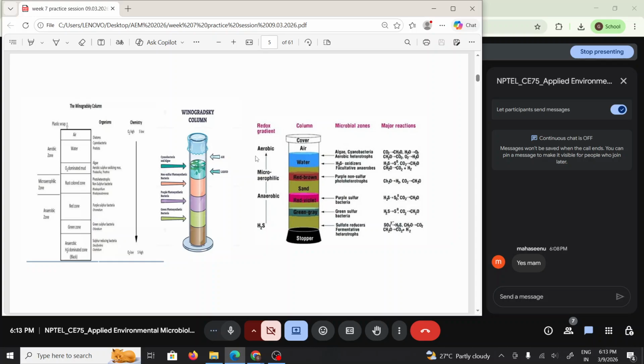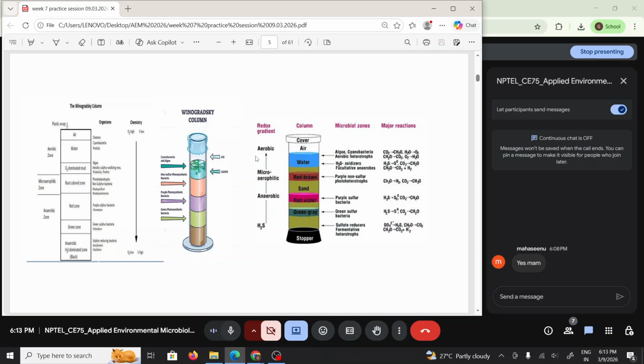In a Vinogradsky column, you try to create a miniature ecosystem, and you study different chemical gradients from top to bottom. The top layer is going to be the aerobic zone or the oxic zone, and next you will have the microaerophilic zone, and finally you will have the anaerobic zone. So it has an oxygen gradient.